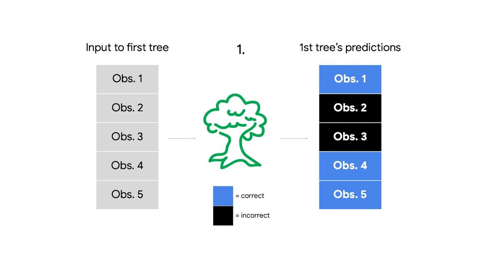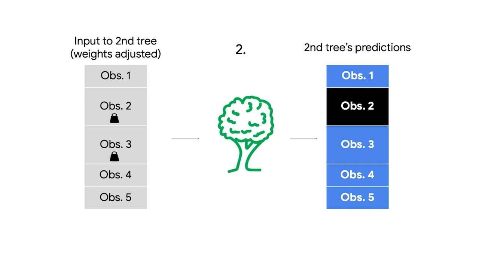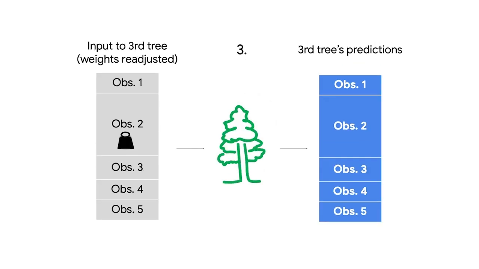Then, the algorithm evaluates which observations were incorrectly predicted by this first tree. It increases the weights for the observations that the first tree got wrong and decreases the weights for those that it got right. This process repeats until either a tree makes a perfect prediction or the ensemble reaches the maximum number of trees, which is a hyperparameter that is specified by the data professional.